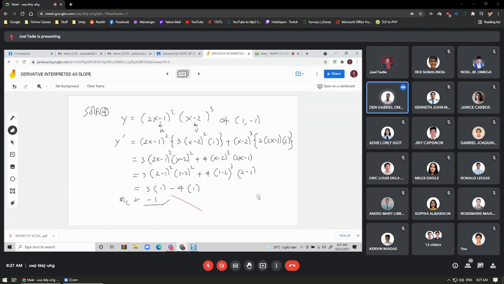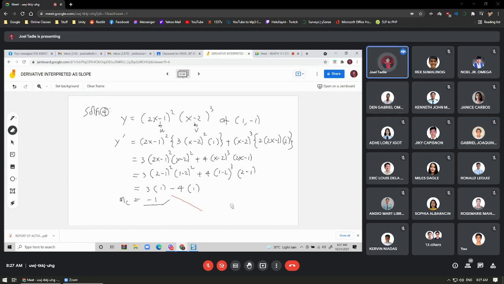The left side is 3 and the right side is 4, so 3 minus 4. Since 4 is bigger, the sign is negative. So the answer is negative 1.